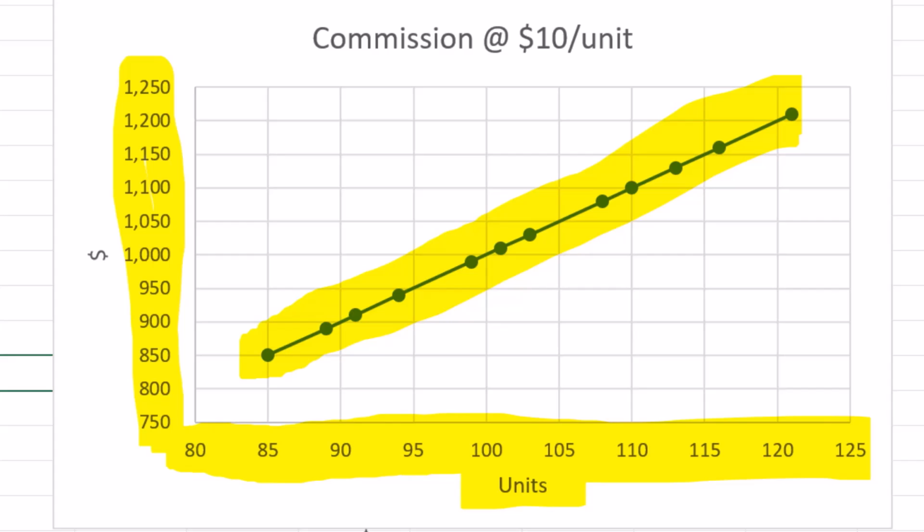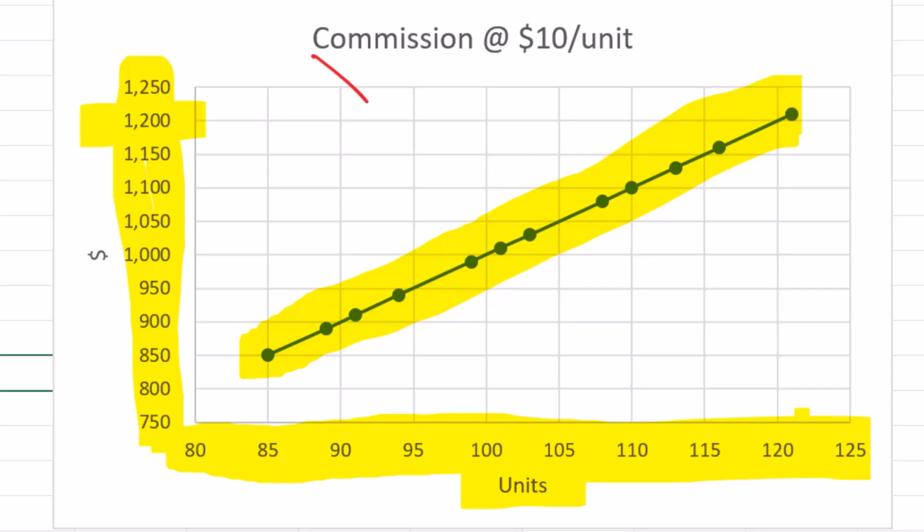And we can also describe this as a perfect positive correlation because this line is straight. The commission cost is purely variable. So 85 means 850, and 120 is 1200. So that's perfect positive correlation.